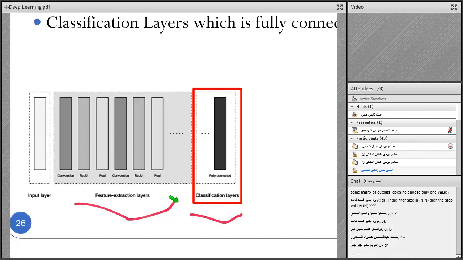It means that all of the outputs of the previous layer are connected to the inputs of the next layer. So this is about the classification layer.